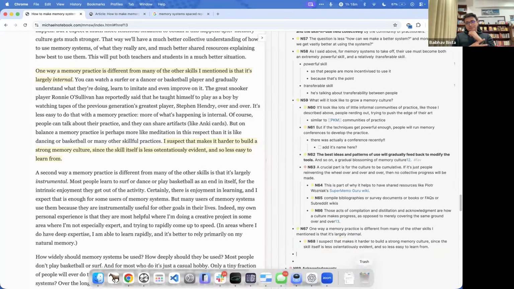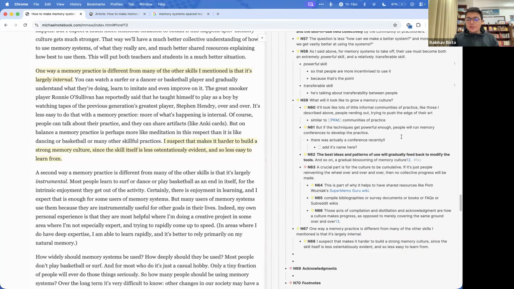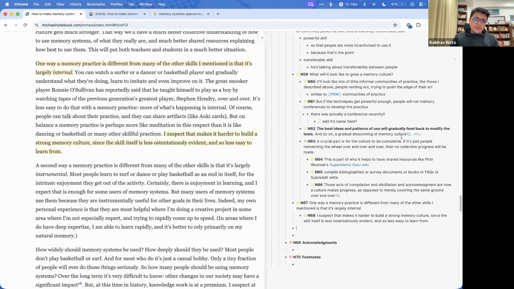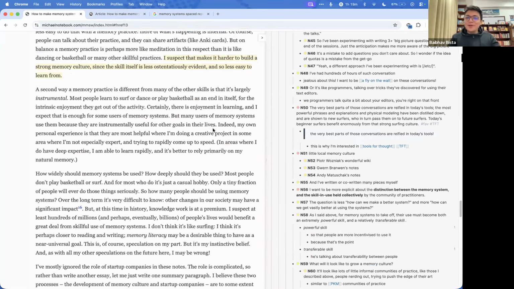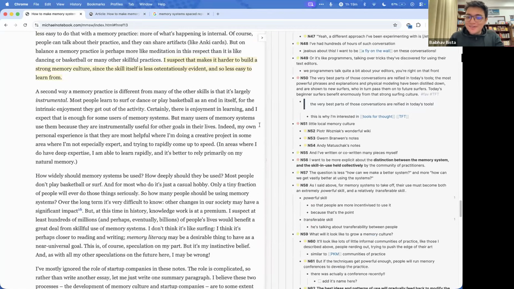Similar to how showing the skill of memory systems is harder, it's not easily apparent to people, right? Especially if you look at the output, like the flashcards, it's not necessarily apparent. Similarly, the effortful reading of some article is not, and that's why I'm recording this video.